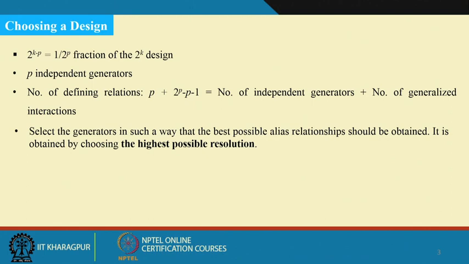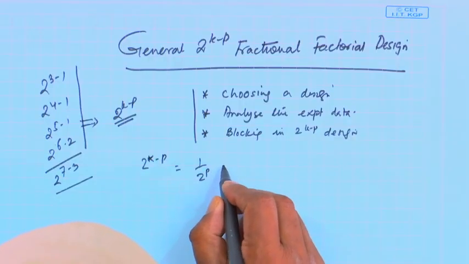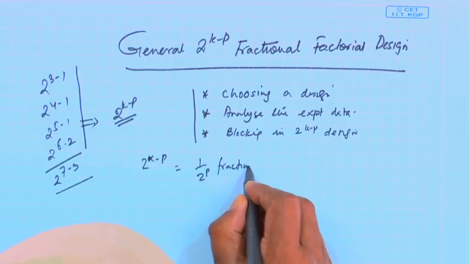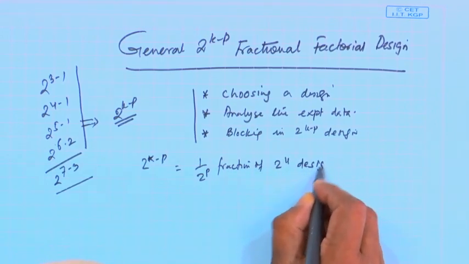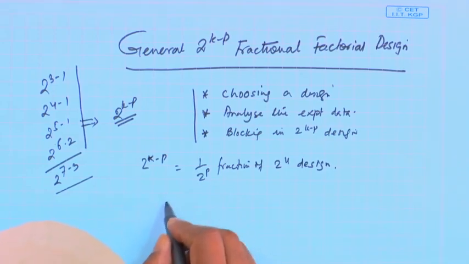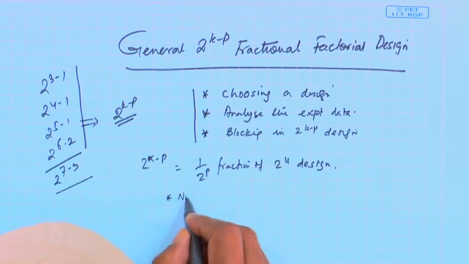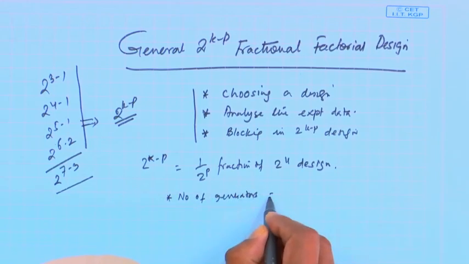So, by 2 to the power k minus p fractional, we say 1 by 2 to the power p fraction of the 2 to the power k design. Here a few important things: one is the number of generators equal to p.